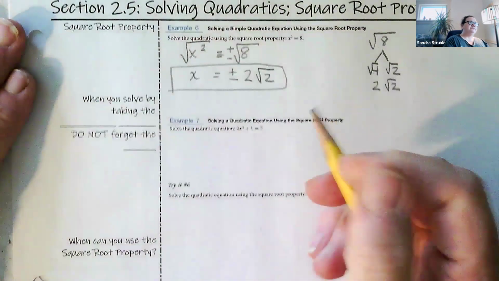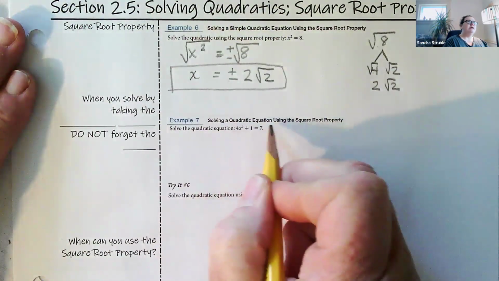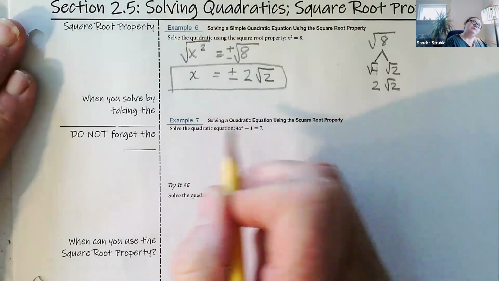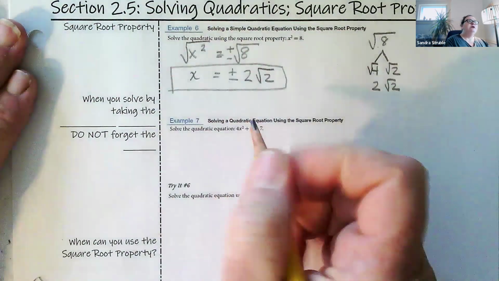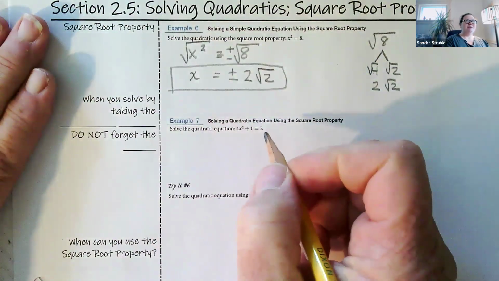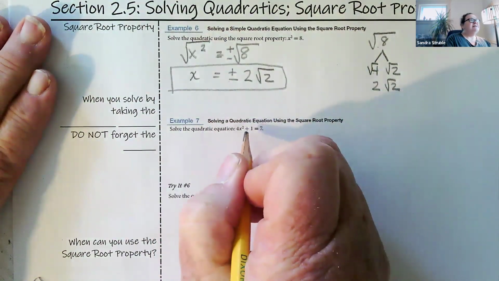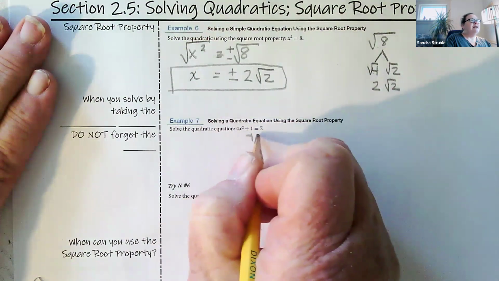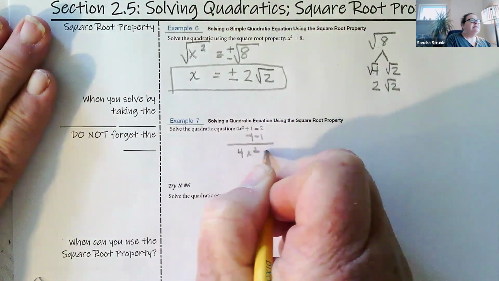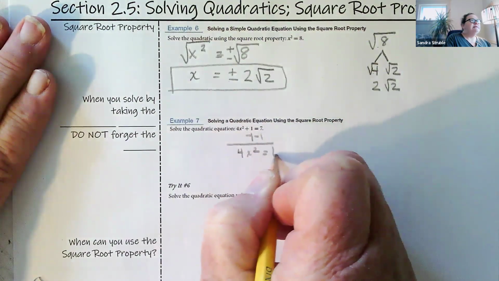All right. Solve a quadratic equation using the square root property. Okay, same concept. You need your x's on one side and your constants on the other. So they've got this kind of in a tricky situation, and don't be surprised if I do something like this on an exam. So I'm going to subtract 1 from both sides, and I get 4x squared is equal to 7 minus 1 is 6.